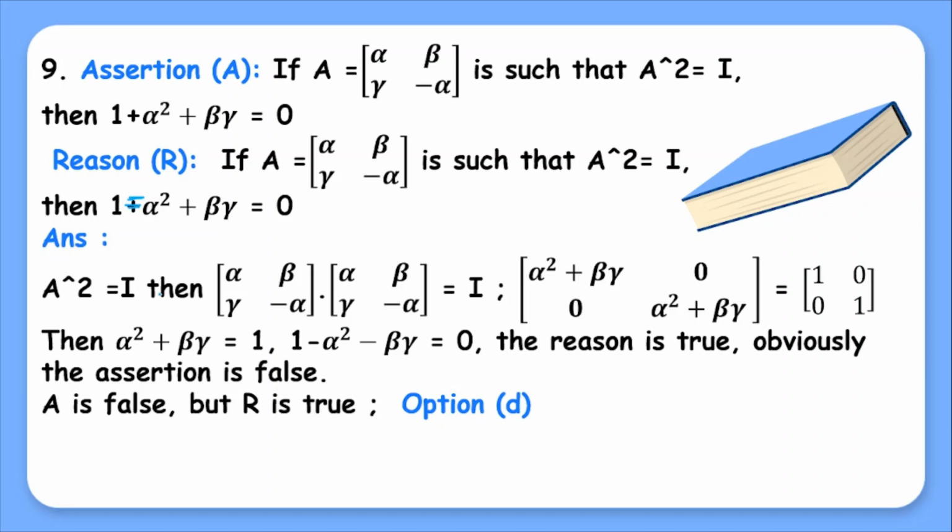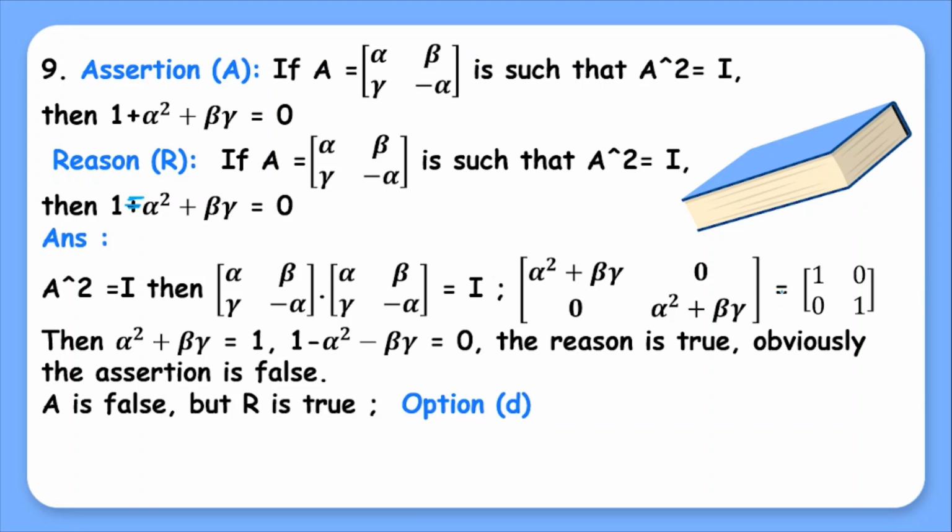Just take A square equal to I, and take A into A: first row multiplied by first column, second row multiplied by first column, then first row multiplied by second column, second row multiplied by second column. You simplify this, you will get a matrix like this.